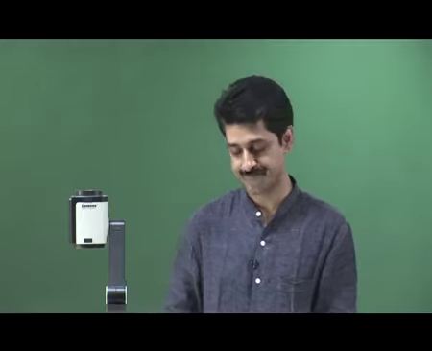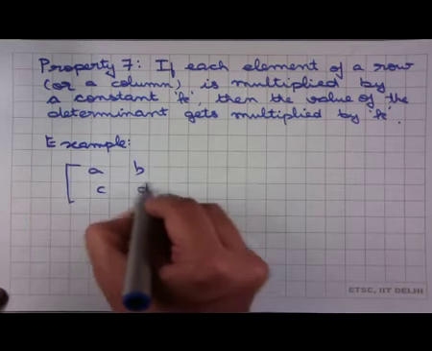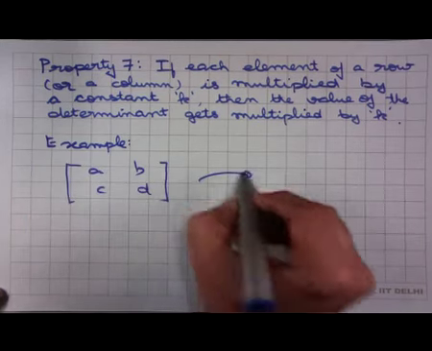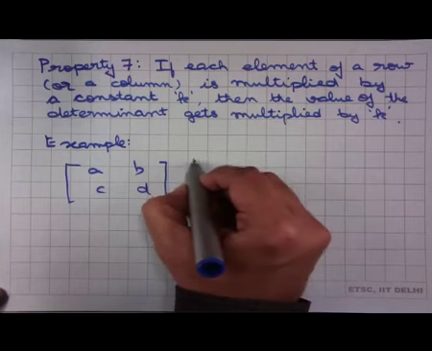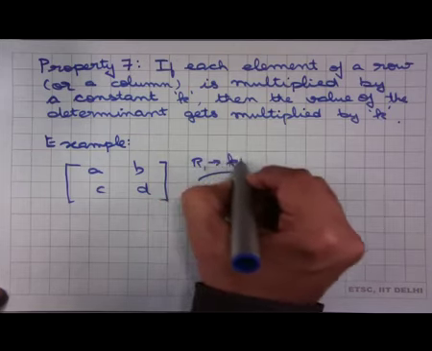So, we can look at a 2 by 2 matrix example to see the case. Say we have a matrix A, B, C, D, and the row R1 goes to k times R1.